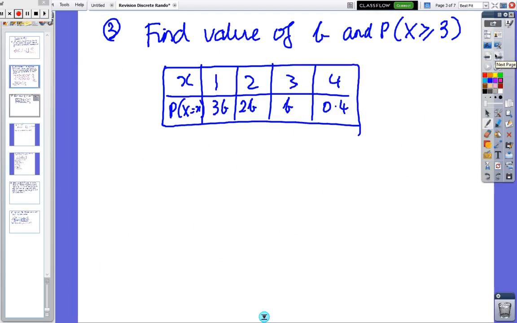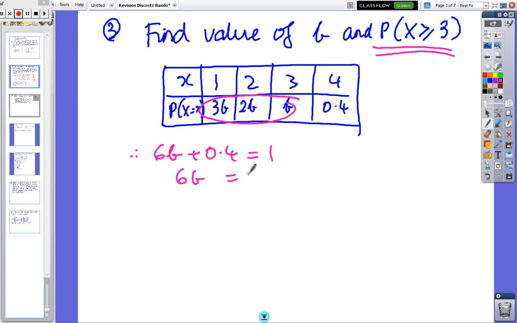Okay, this next question, we've got to find the value of b, and then we do something with the values. Okay, so pause, and when you're ready, come back live. Okay, so the numbers have to add up to 1, so 6b plus 0.4 equals 1, 6b equals 0.6, so b equals 0.1. So that's 0.3, that's 0.2, that's 0.1, and we had 0.4 already.